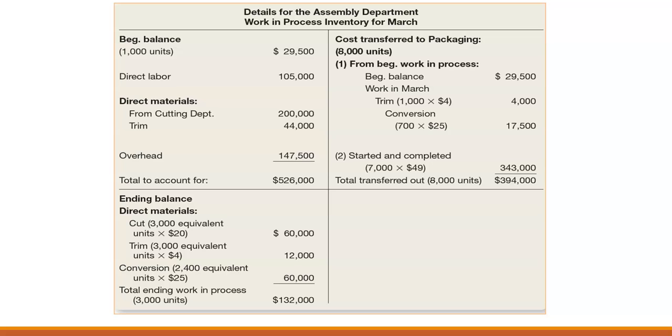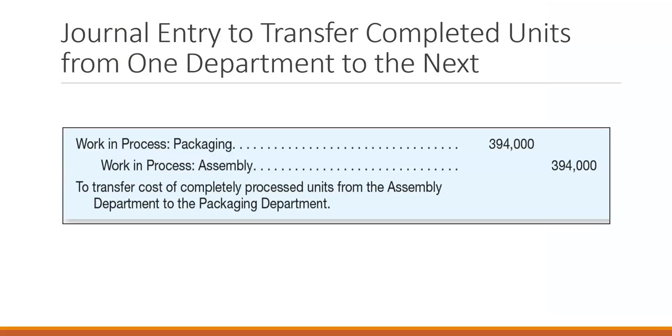So we take 3,000 times 80%, giving us that 2,400 equivalent units. We transfer 8,000 units to packaging, along with the cost of $394,000. So the journal entry to transfer from assembly to packaging is here.